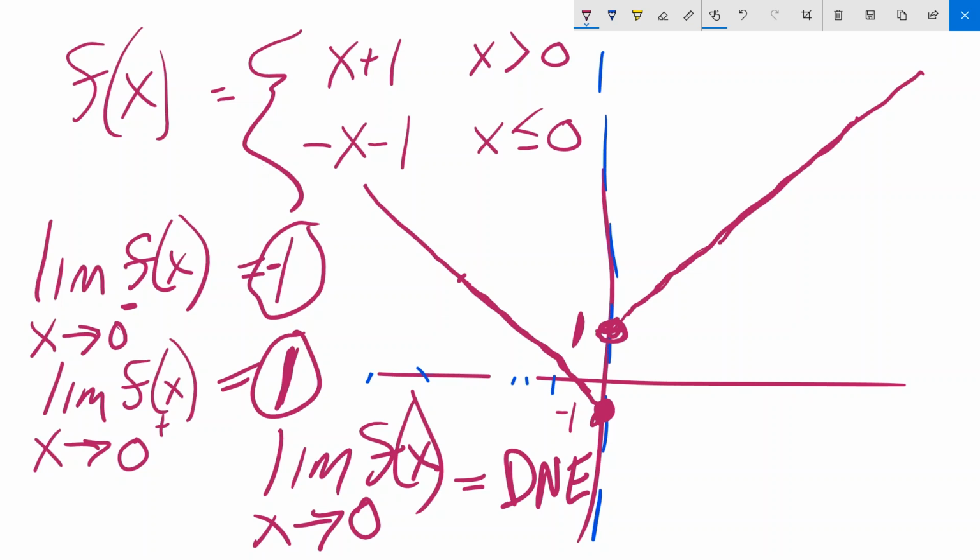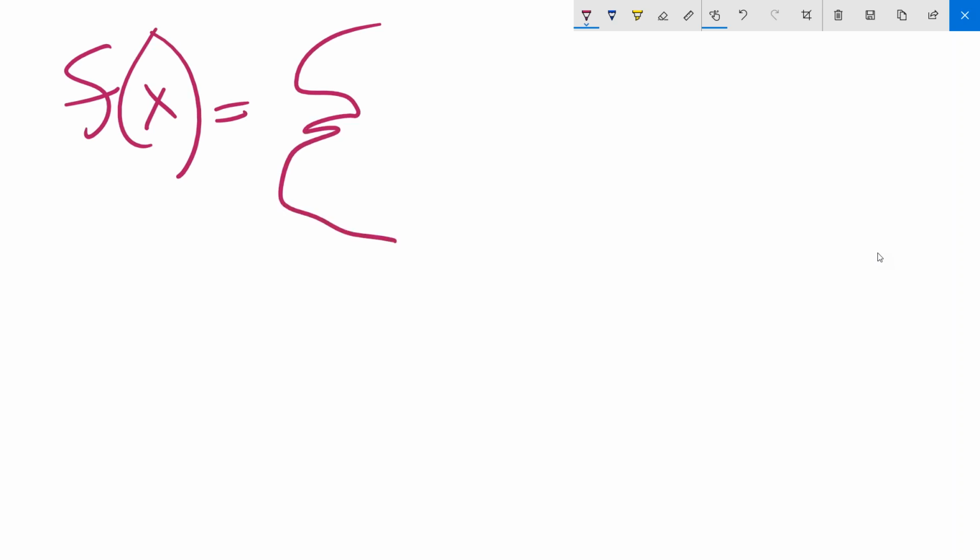Okay. Fair enough. Well, this was sort of simple compared to the next problem, which I just saw. So this is different. This says f of x is equal to, and there are three pieces.